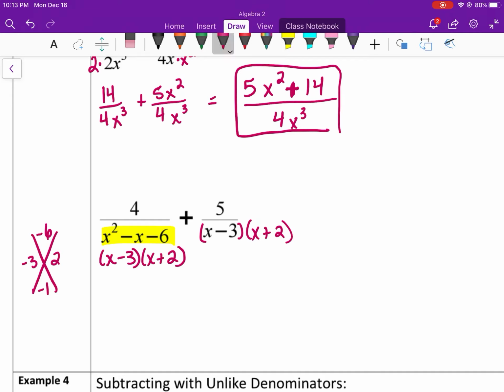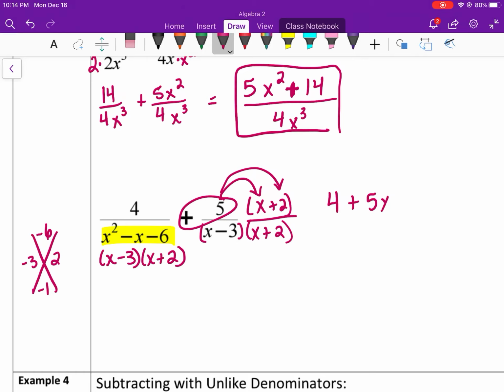trinomial right here. So if I multiply the second fraction by an x plus 2 on the bottom, I also have to multiply by an x plus 2 on the top. The first fraction doesn't need anything, so I don't need to multiply by anything there. I'm going to take this, it's positive 5, so I'm going to distribute the positive 5 into here.